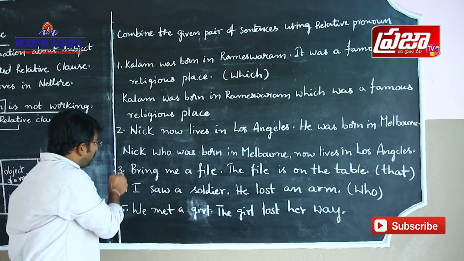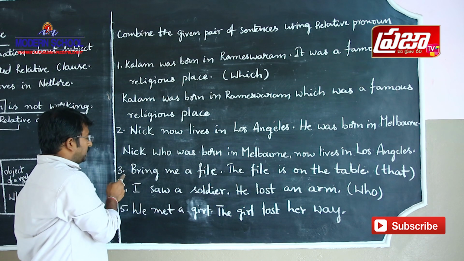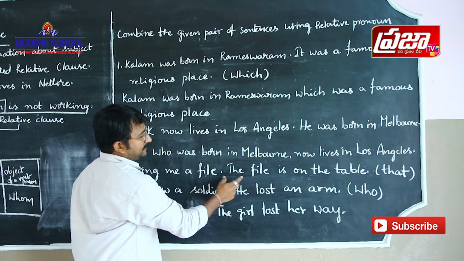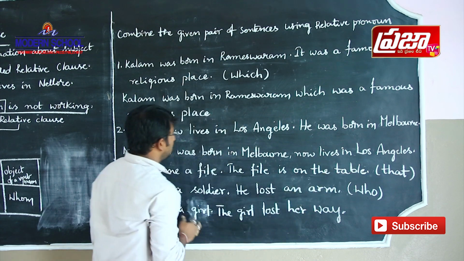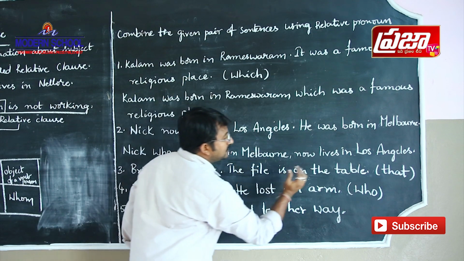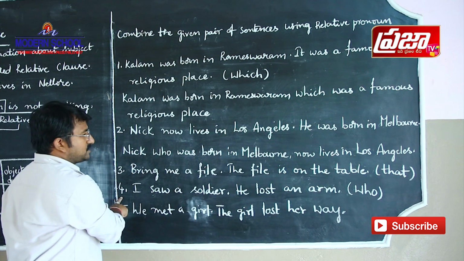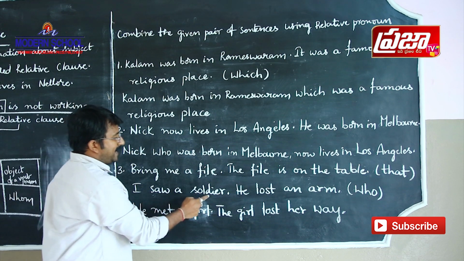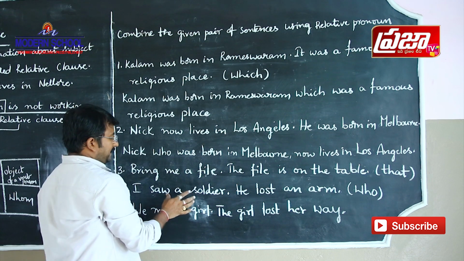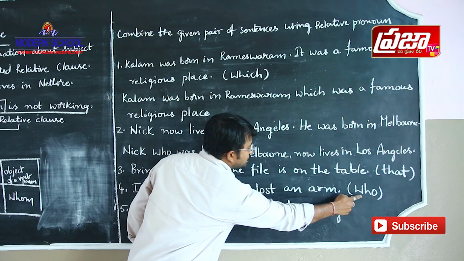And here, I give you three more examples to work out. The third example: bring me a file. The file is on the table. You have to combine the given pair of sentences using that. The other example is: I saw a soldier, he lost an arm. You are asked to combine these two sentences using who.